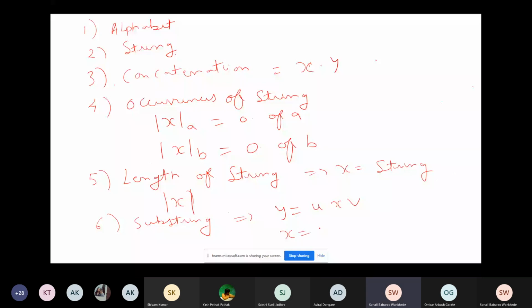Here x is a substring of y in the first case, when it is present with two other strings, and in the second case y is a substring of x and it is present in between two other strings. These are our 6 important topics for this entire session, and you have to remember them for reference before we proceed to our next sessions.